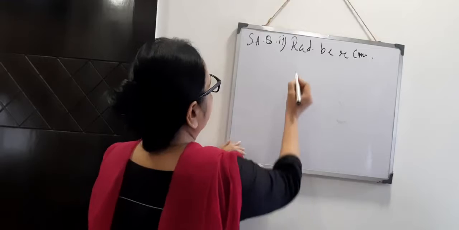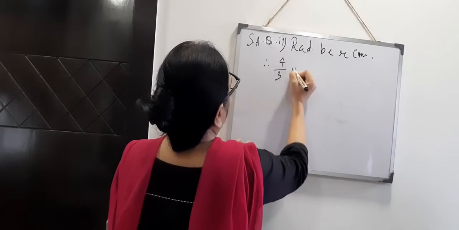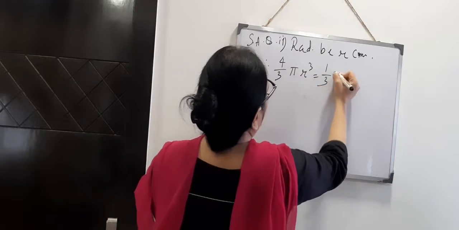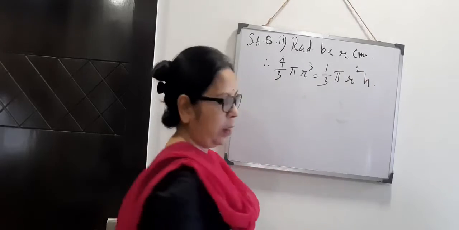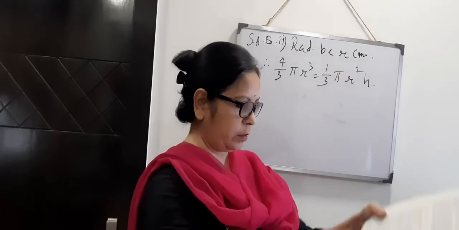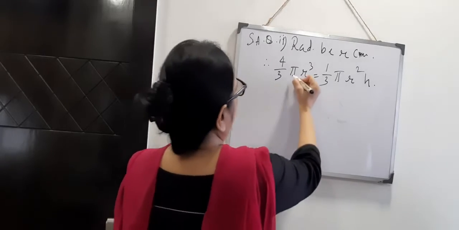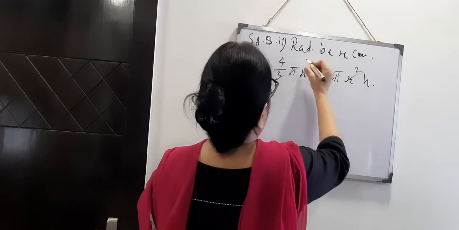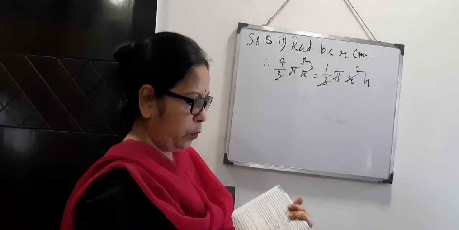So according to the problem, volume of sphere 4 by 3 pi r cube equals volume of cone 1 by 3 pi r square h. Clear? Now from both sides we will cancel pi, 3, and r square.